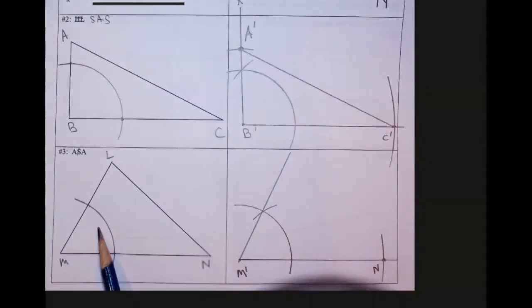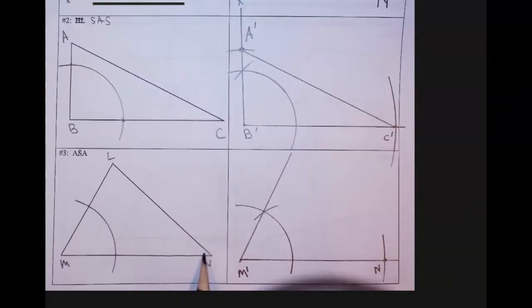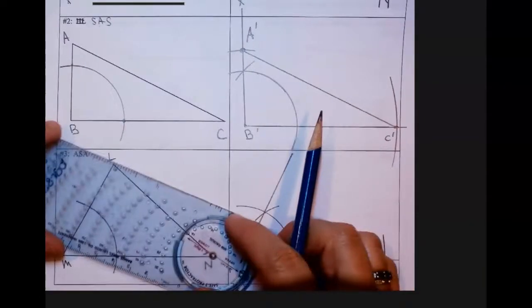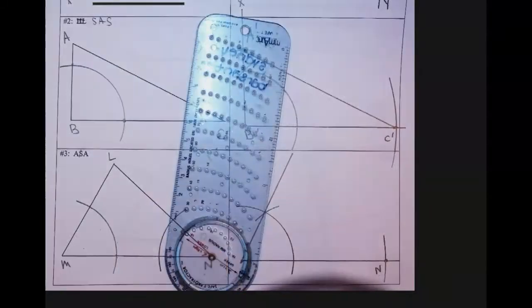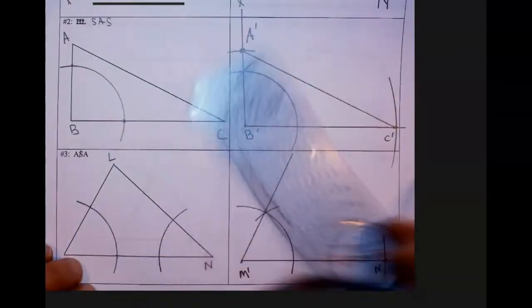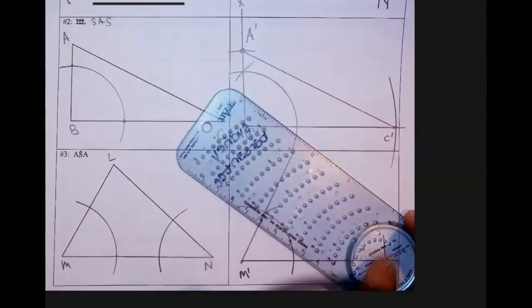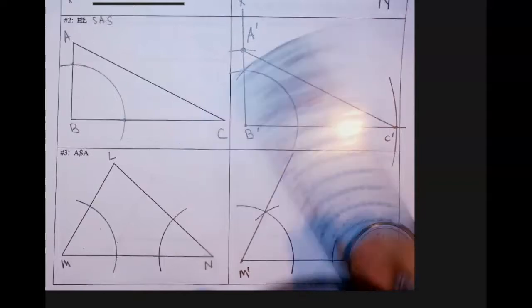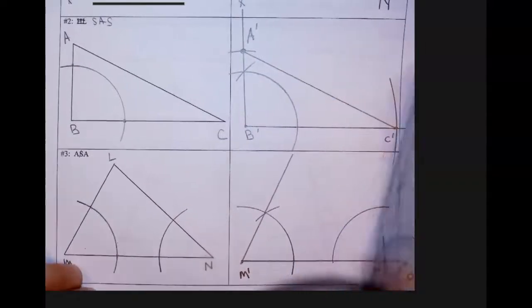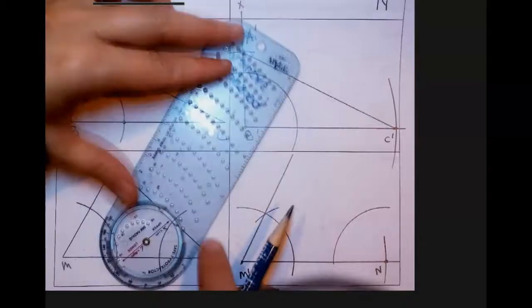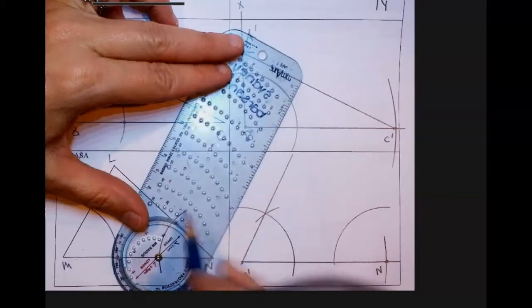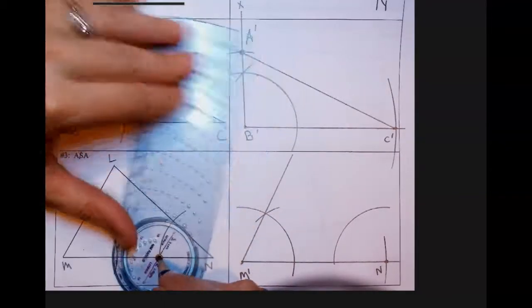So I've copied the angle, I've copied the side, now I need to copy angle N. So we're going to repeat that same process. I'm going to make an arc of 30. Come over here, I'm going to make an arc of 30. And then again, I need to measure the opening from here to here. And if you've used 30, we should end up with the same thing.